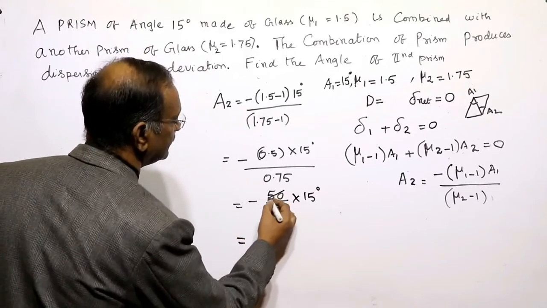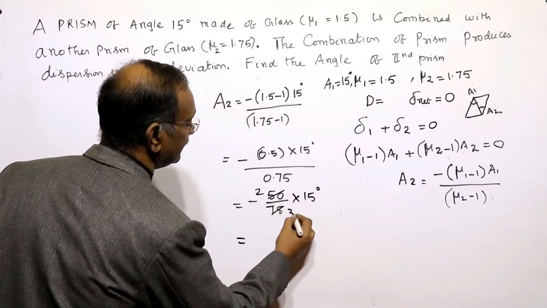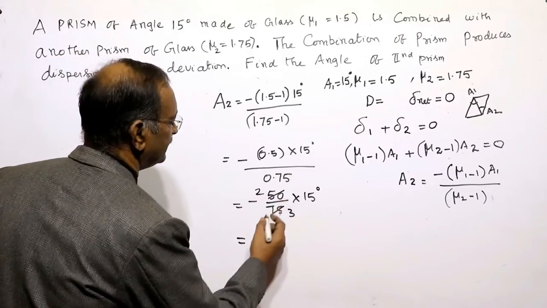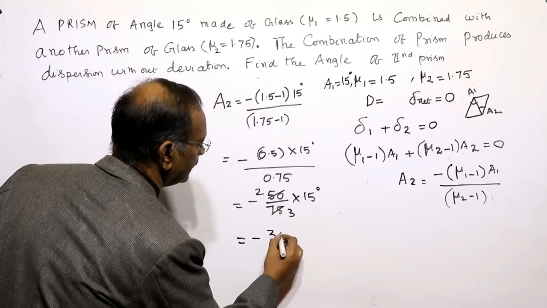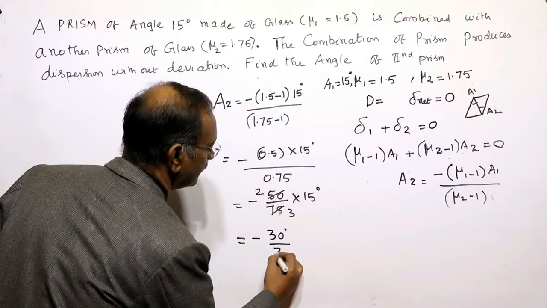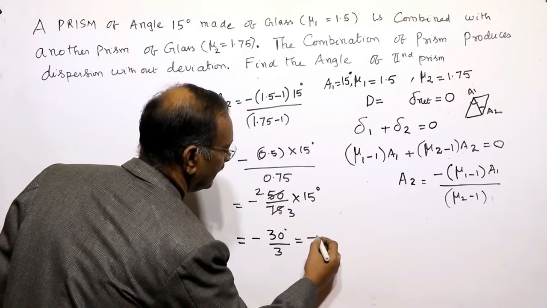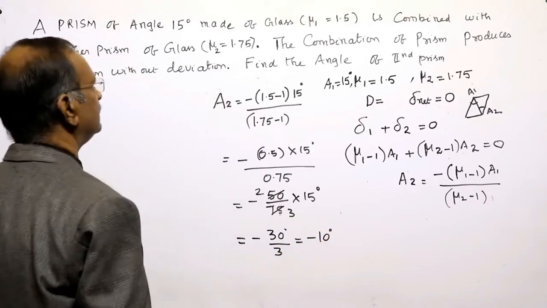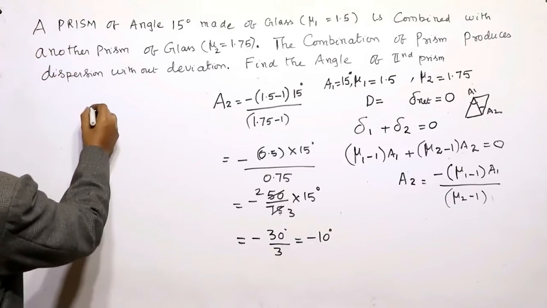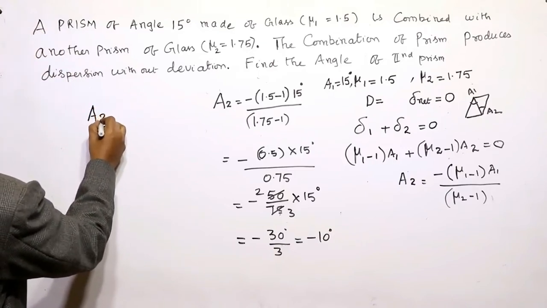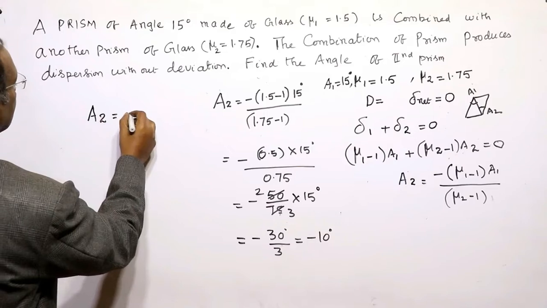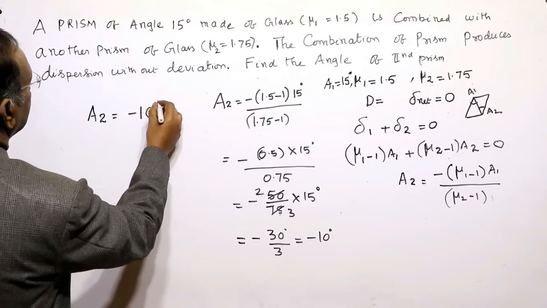So this is 2 times, this is 3 times, which equals minus 30 degrees by 3, which is minus 10 degrees. So the angle of the second prism is equal to minus 10 degrees.